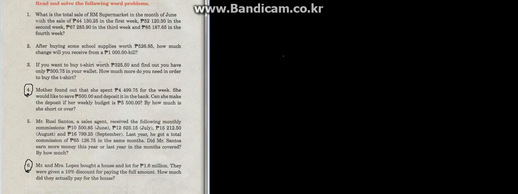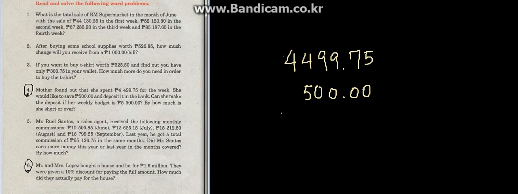So here we have 3 numbers. First we have 4,499 and 75. And then she wants to save 500. And her weekly budget is 5,500. So I'll write down what these numbers mean.